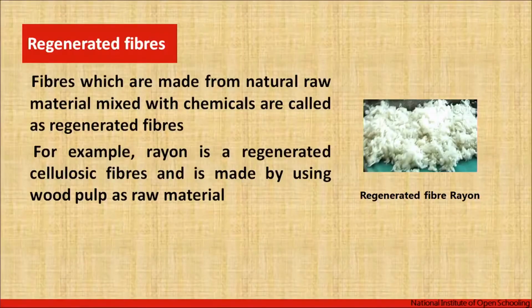The word regenerated means that we have a certain cellulosic or natural part, and a chemical is added to it. We mix both together, then pass it through spinnerets in a spinning process and make yarns out of it. So regenerated fibers are a combination of a natural component and a chemical component.